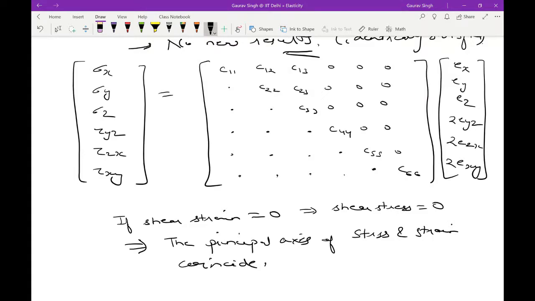This is again because the shear strains and stresses are all coming out to be 0. So for 0 shear strains you get 0 shear stress. So there is no option to have a principal stress axis which is different from the principal strain axis. This is obviously not true for a general anisotropic material.